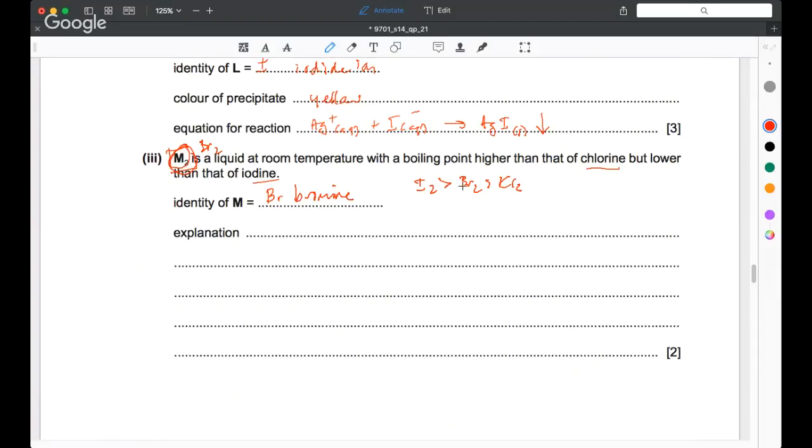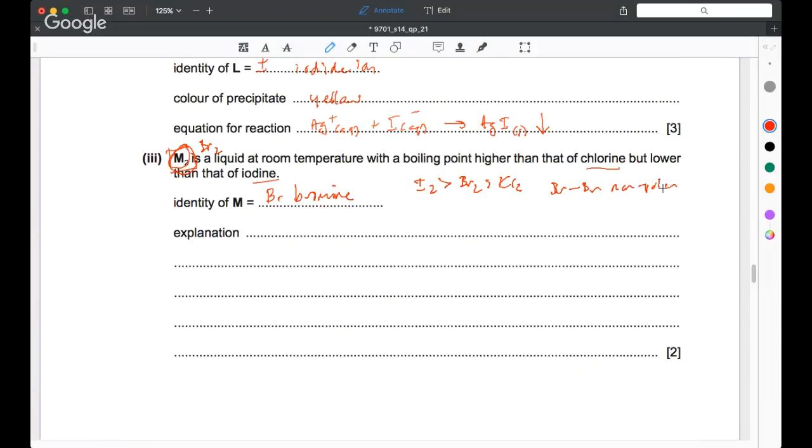Now, these molecules here, well, obviously there's no hydrogen bonding, there's no hydrogen present, but the molecule is non-polar, isn't it? It's got a bromine joined to bromine. There's no positive or negative end to that molecule. It's non-polar.